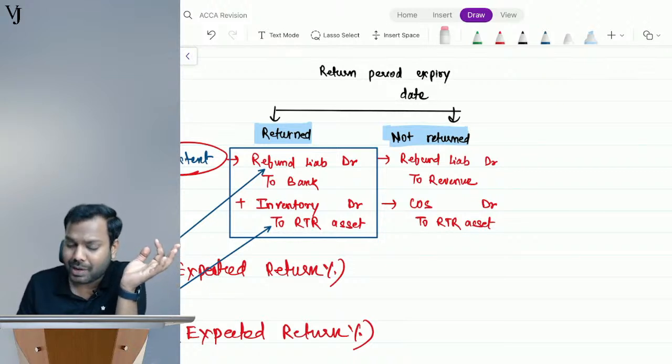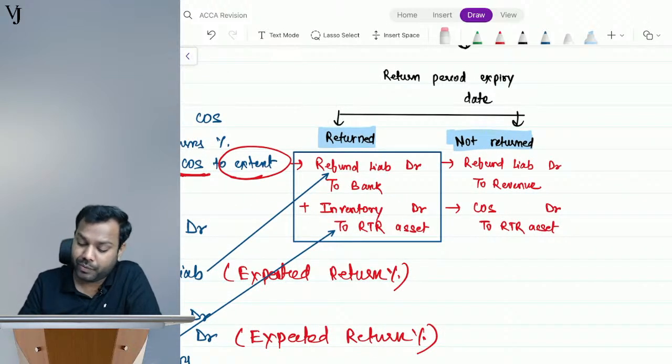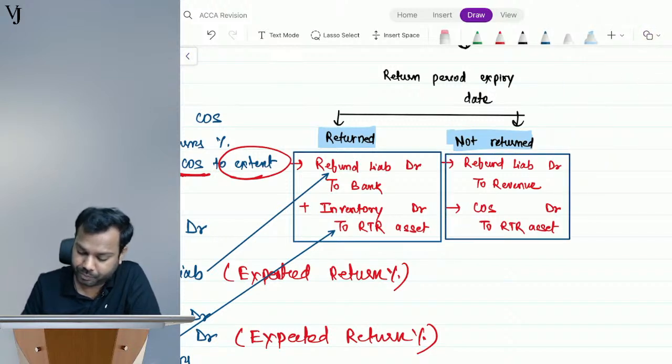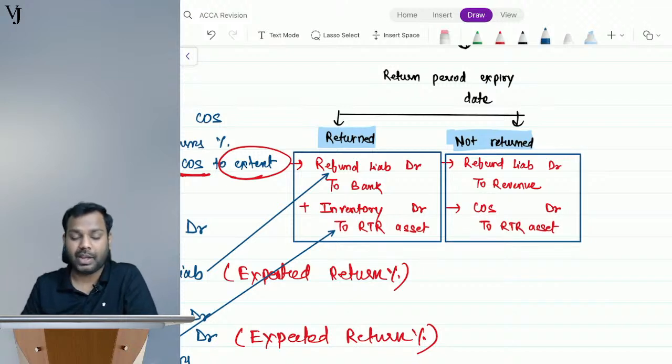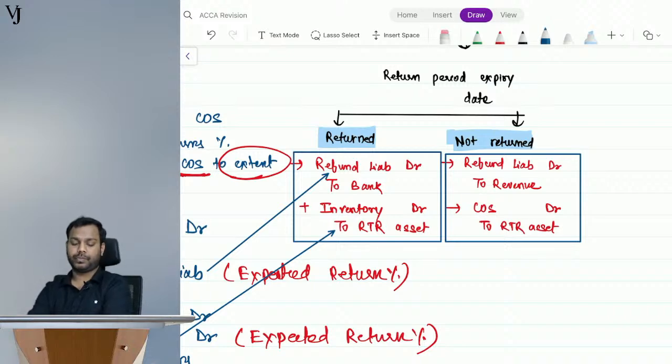R2R asset I will reverse and recognize as cost of sales. I believe it is clear to all of you now so far. Fair enough.